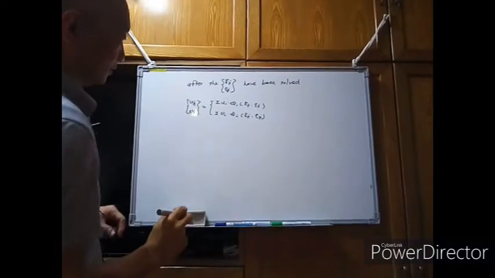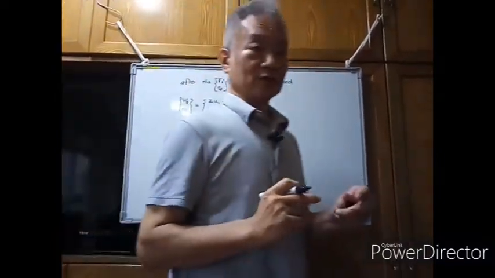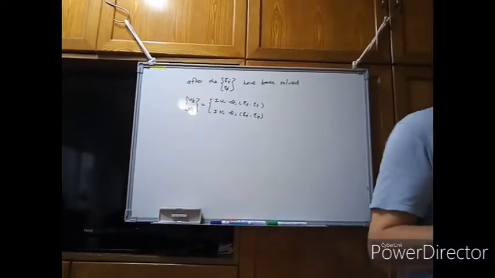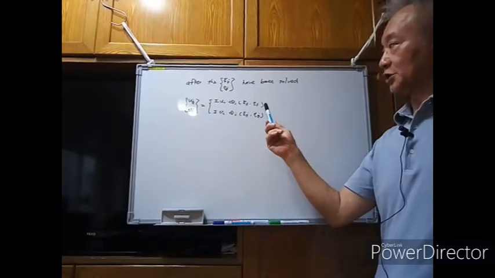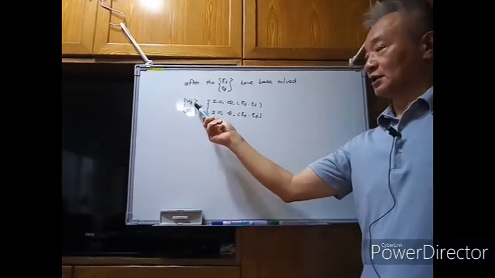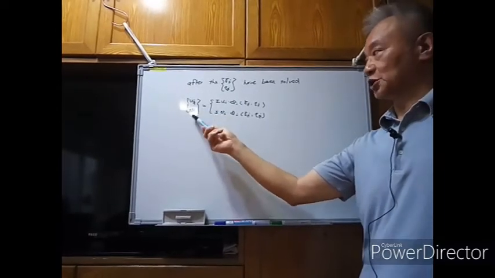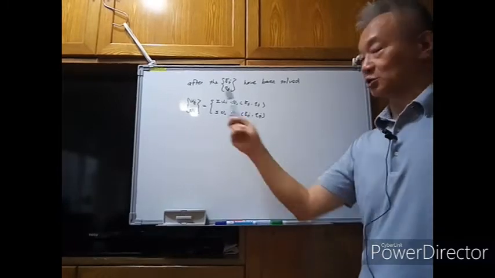Since we have the assumed nodal displacements u1 v1 until u4 v4, and after we solve the Cj and the eta j, then for the corresponding point, the displacements uj and vj, we can use the previous formula to calculate them.